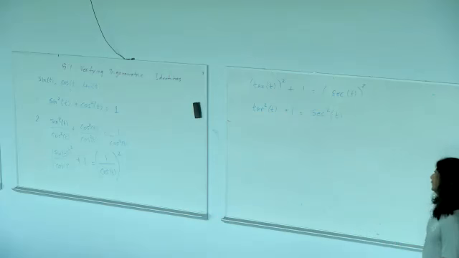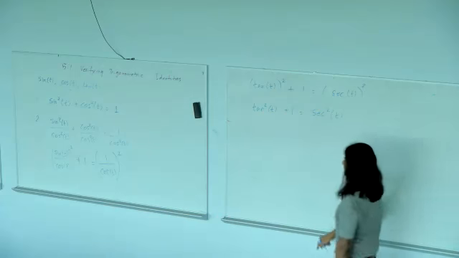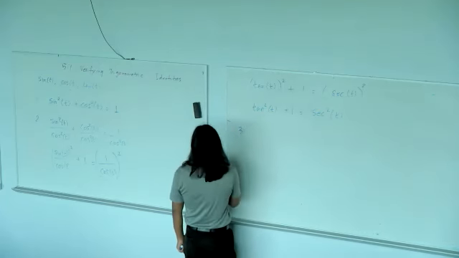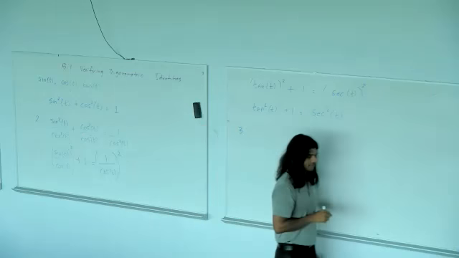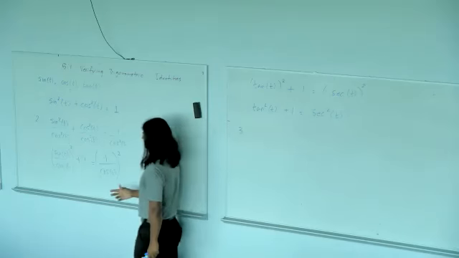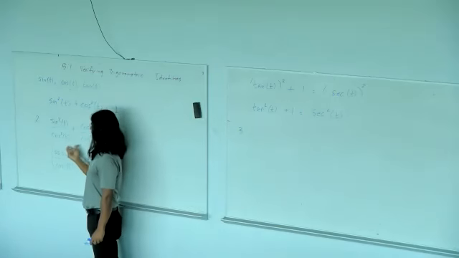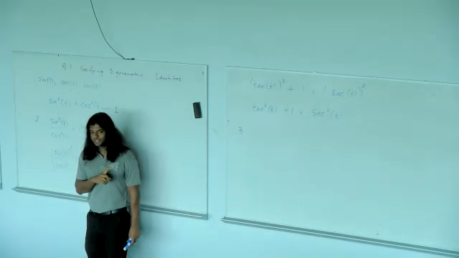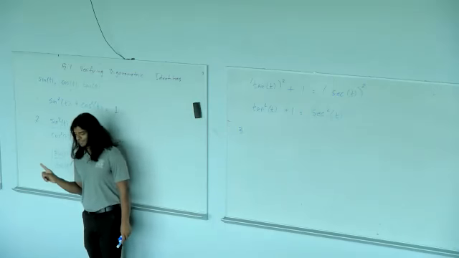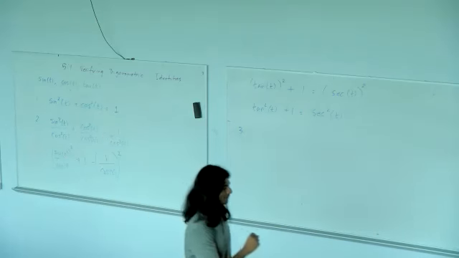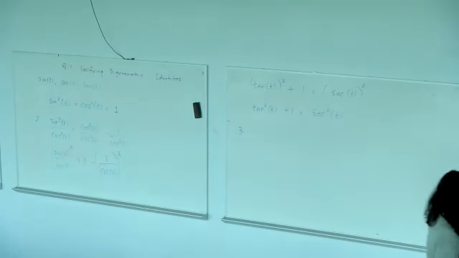I didn't have to memorize it, I just used the first one. This is what I want you to do. Instead of dividing by cosine squared t, I want you to divide both sides by sine squared t and tell me what you get.